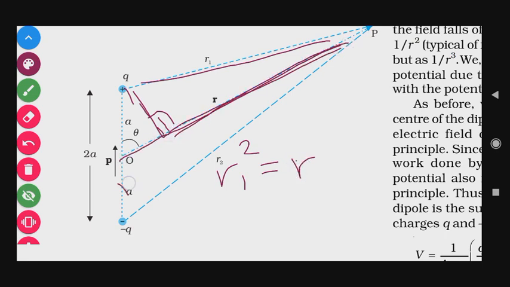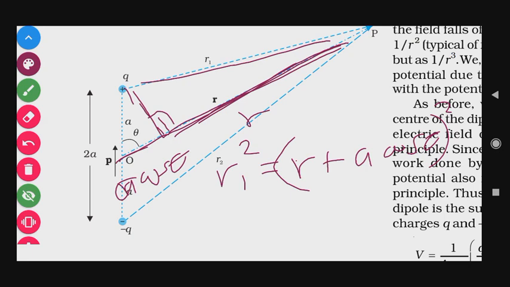So I can say r1 square is equal to (r plus a cos theta) squared. If you do it on your own in a notebook, you will easily see this, and I am squaring both sides. You will see why we are doing this.